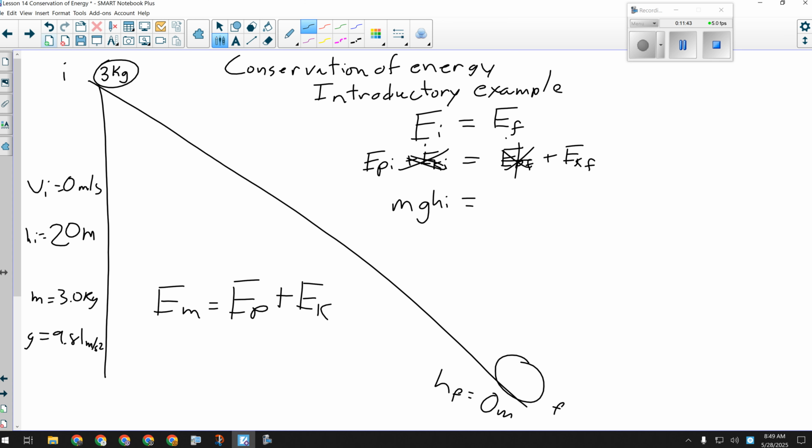And for kinetic energy, the question initially wanted to know how fast the ball is going at the bottom of the hill. Can I now solve for that? I can. This is really not a lot different than doing a work energy theorem question in terms of the algebra. I just need to move half an m over to this side.